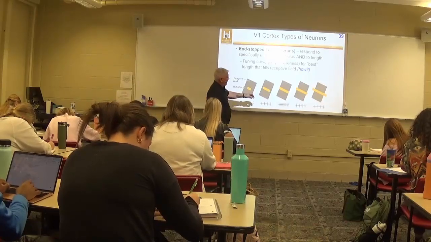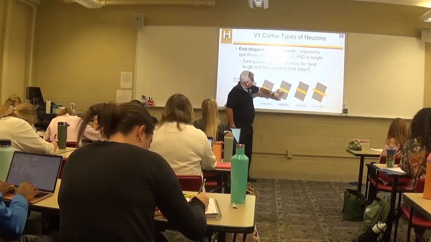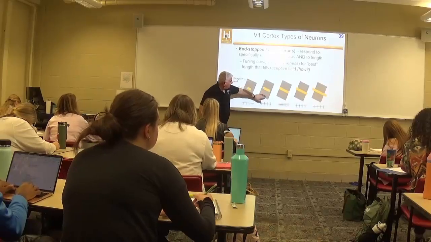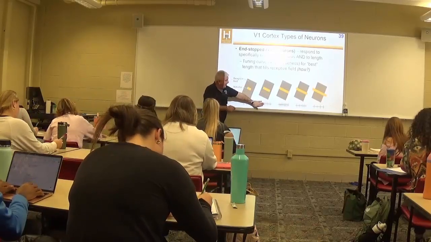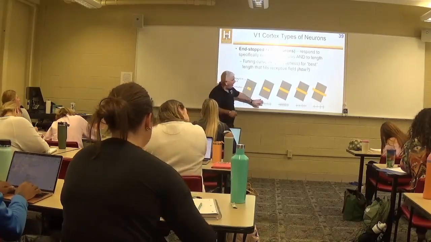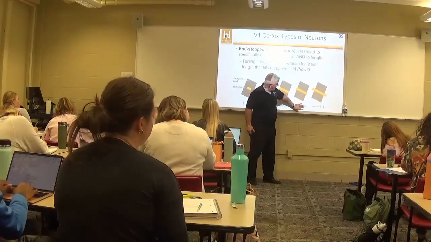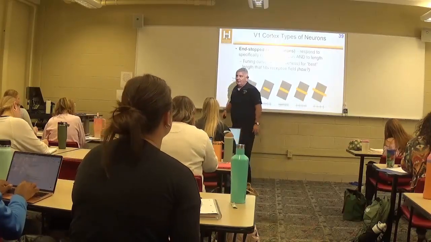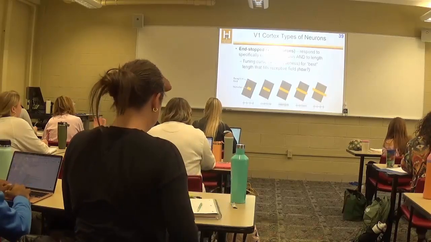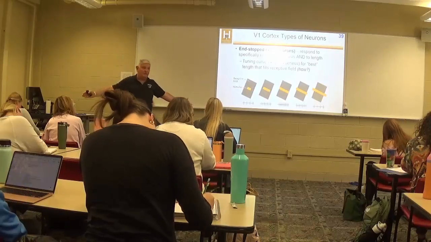So again, we have these tuning curves that it has to be this angle of line, and if it's this long, it's most responsive. If it's shorter, it's not activating all the receptive fields, so it's less responsive. And if it's longer, it's activating the inhibitory parts, right, and it's getting less responsive. So now, end-stop cells are cells that are tuned for certain lengths of lines to tell how long are those angles of light.